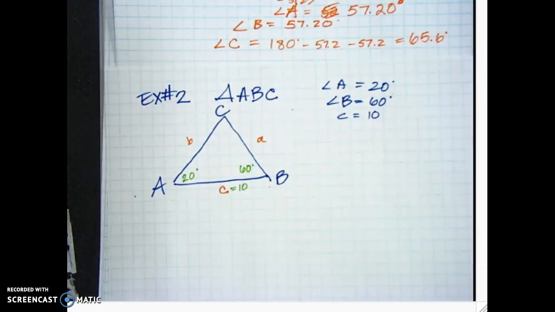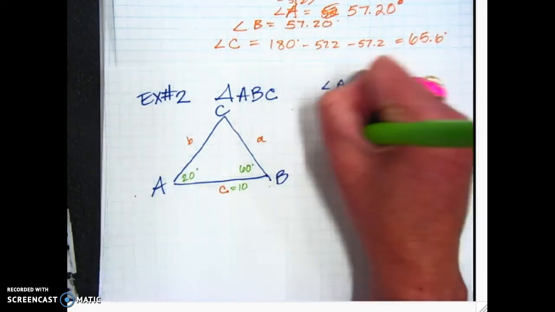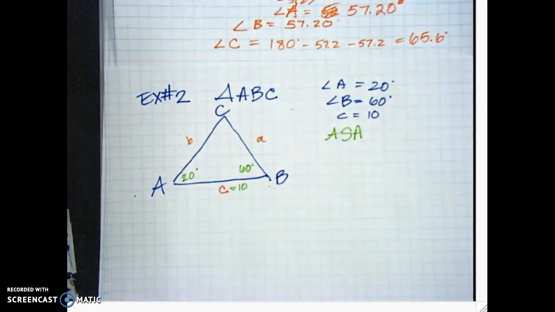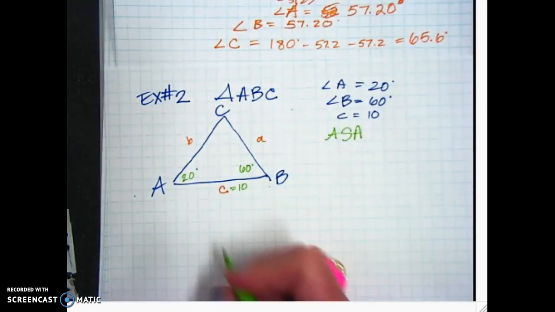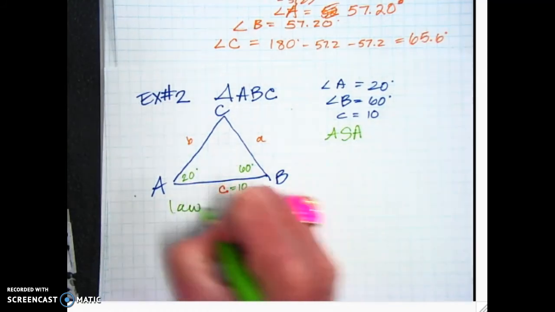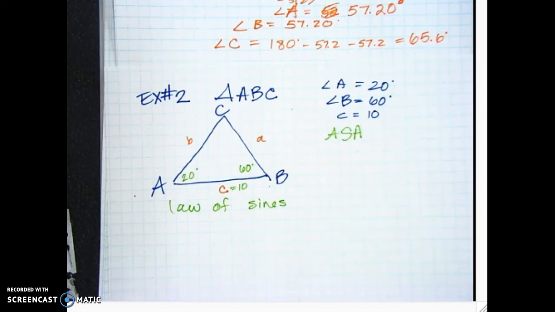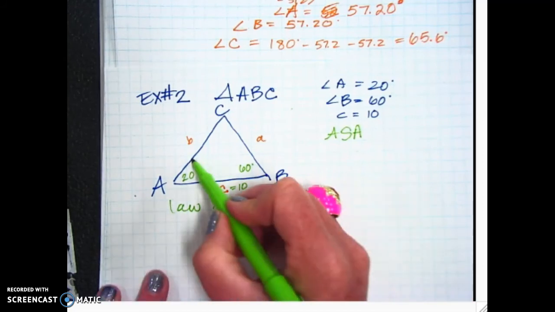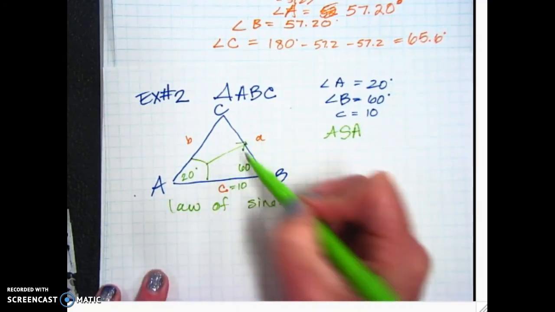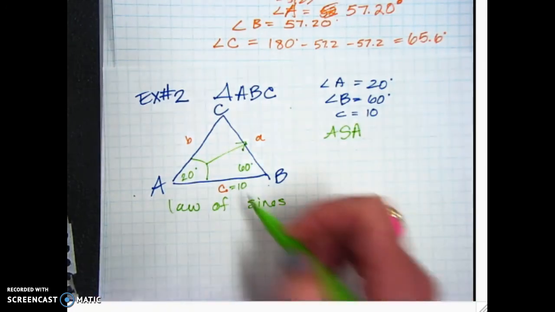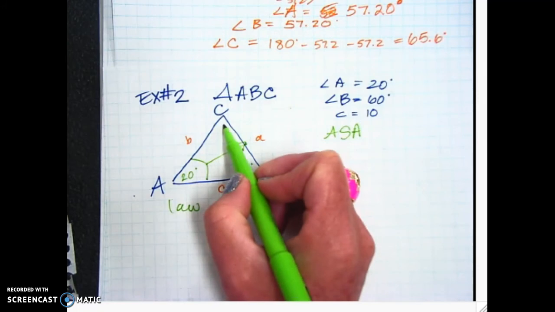So this one is what? Angle side angle. Everybody see why it's angle side angle? Okay. So we definitely want to use law of sines. And we've got A and its opposite side. We've got C, but we don't have its angle.